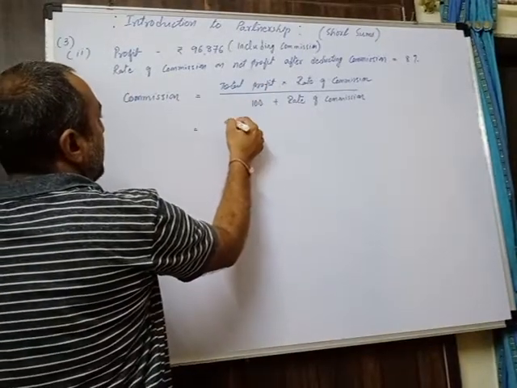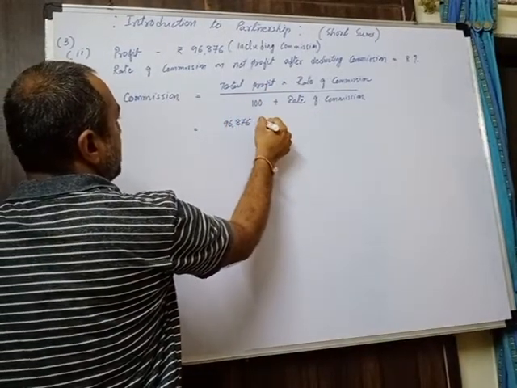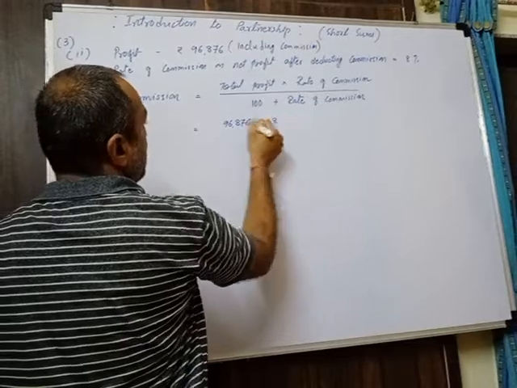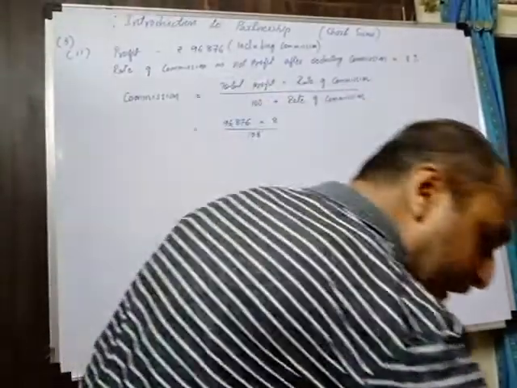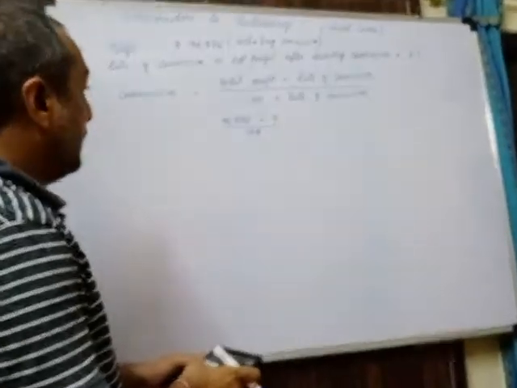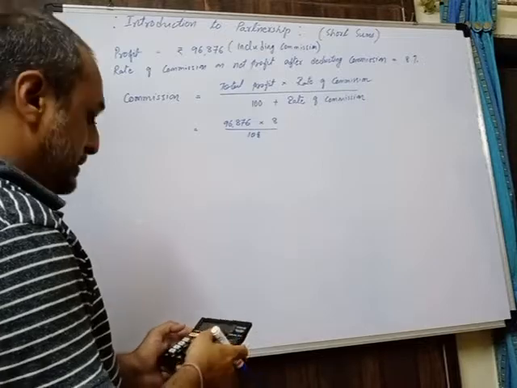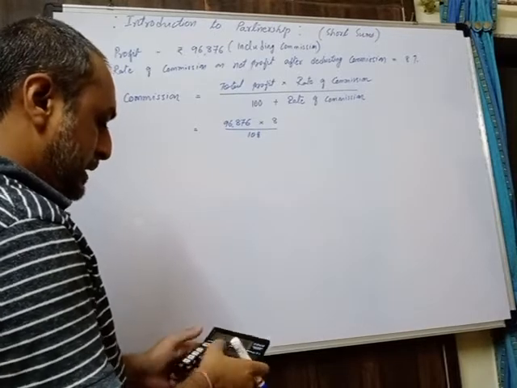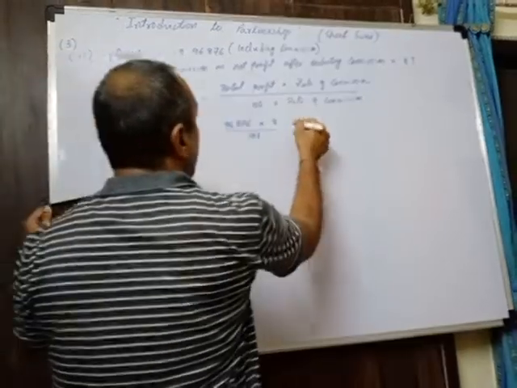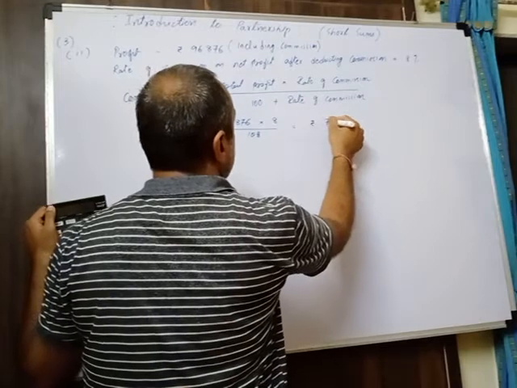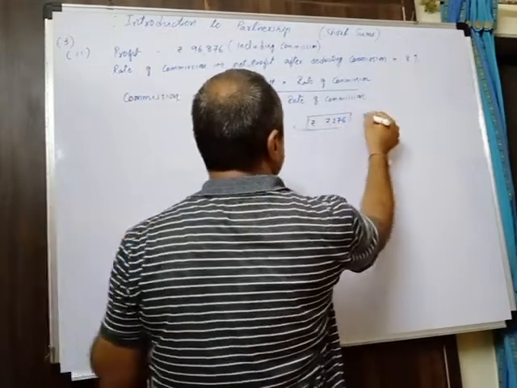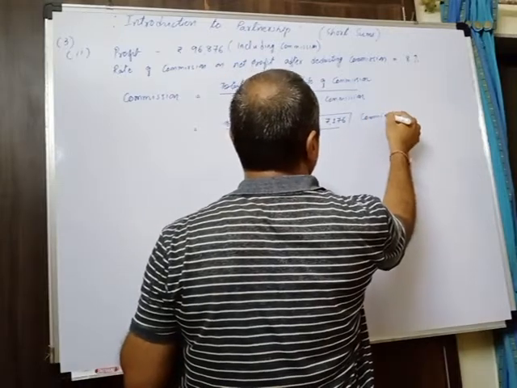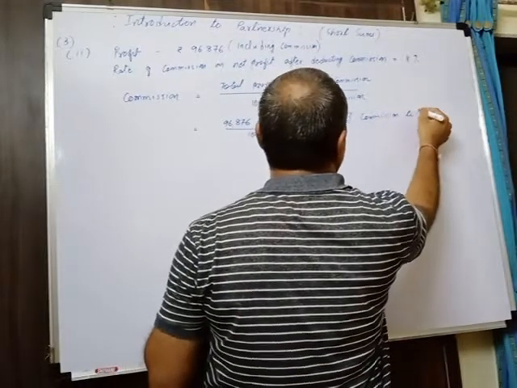Total profit is 96,876 into 8 upon 100 plus 8, that is 108. So 96,876 into 8 upon 108, that commission amounts to rupees 7,176. This is the commission to Amruta.